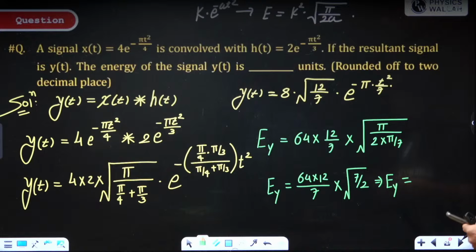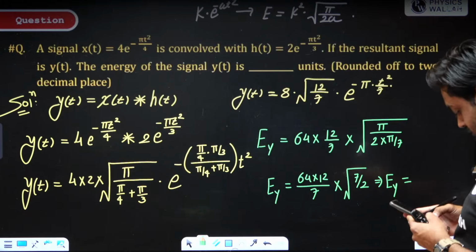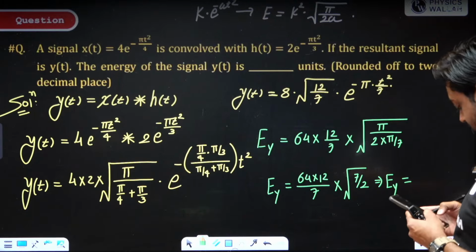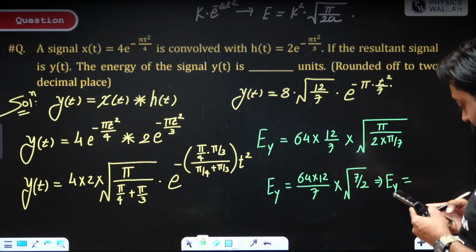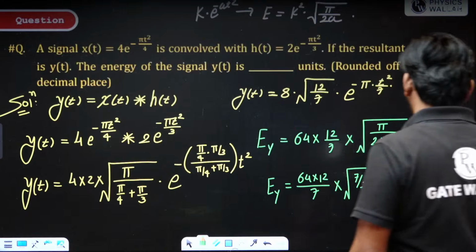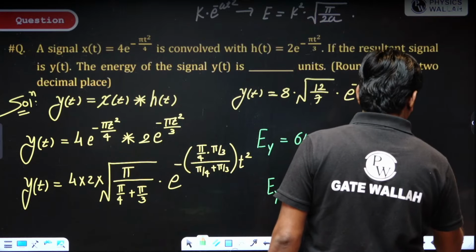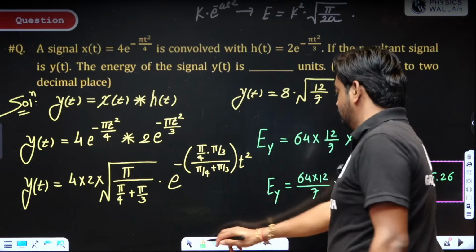Calculate this under root of 7 by 2, into 64 into 12 divided by 7. The answer is 205.26 units. Understood?